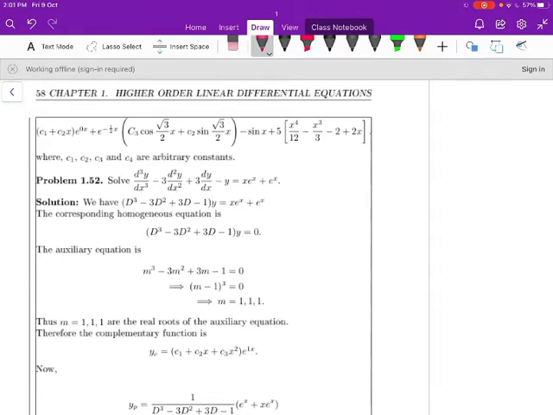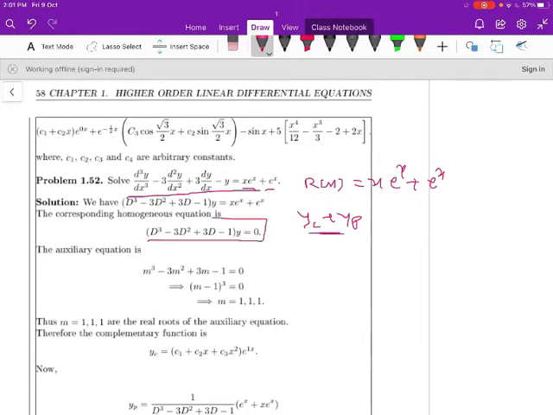Solve d cube y by dx cube minus 3 into d square y by dx square plus 3 into dy by dx minus y is equal to x into e power x plus e power x. Here r of x is equal to x into e power x plus e power x. Now the general solution is yc plus yp.